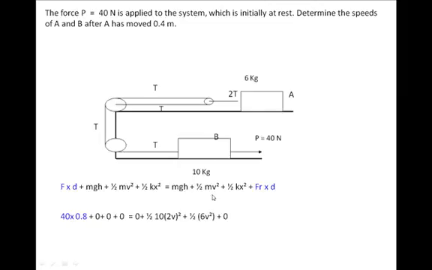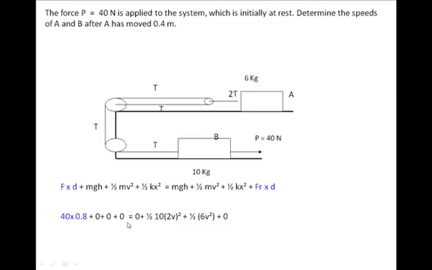Half mv square will be there, and we'll find v, and half kx square is 0. Now when I write the kinetic energies of these two, for this 6 body we have written half 6 v square, but for body 10 we have written half 10 into 2v whole square.